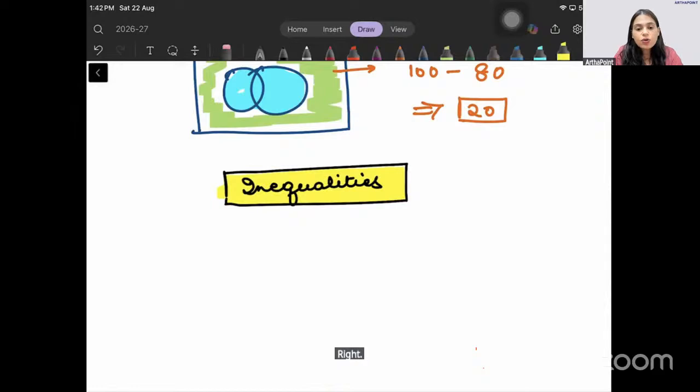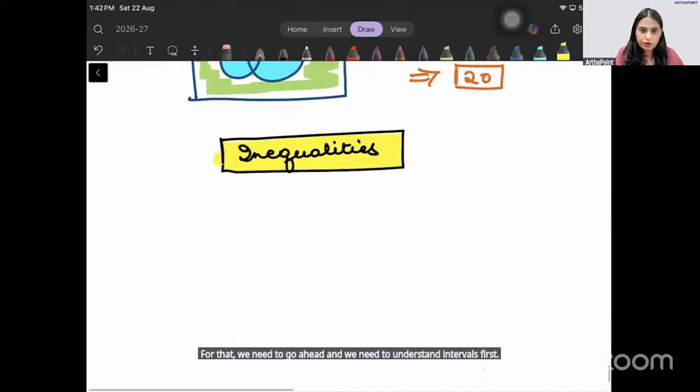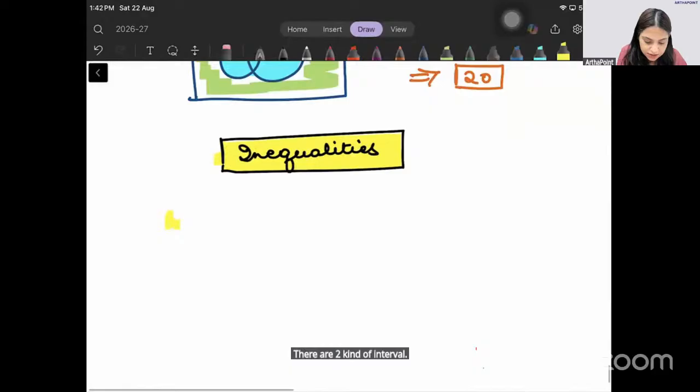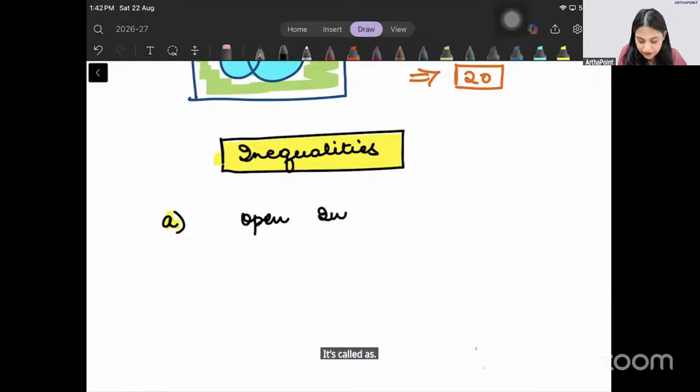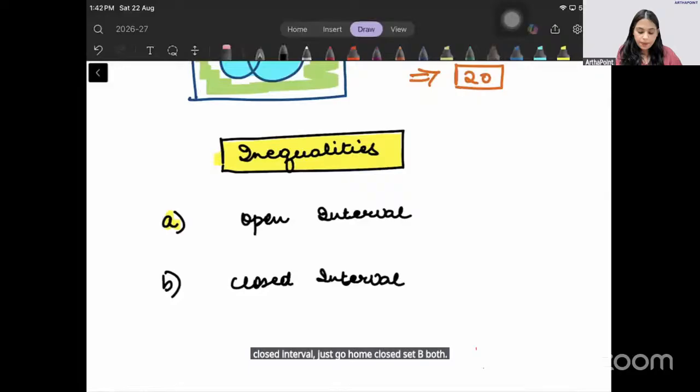So how do we go ahead and how do we solve for inequalities? For that, we need to go ahead and we need to understand intervals first. There are two kinds of interval. First is called as open interval. Or open set. Second is called as closed interval, जिसको हम closed set भी बोल सकते हैं.